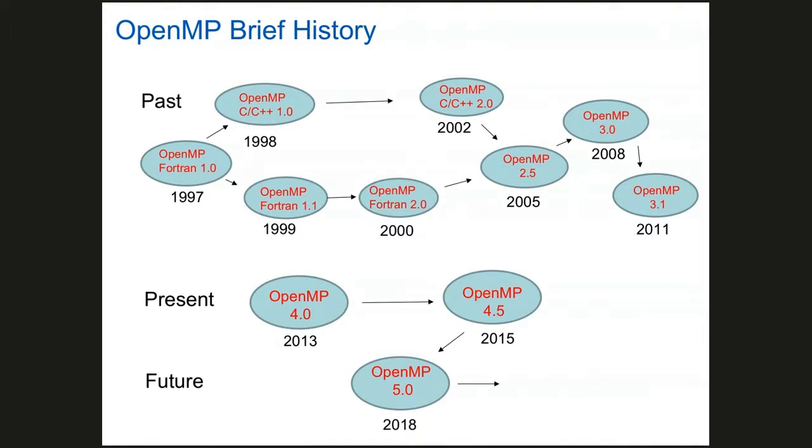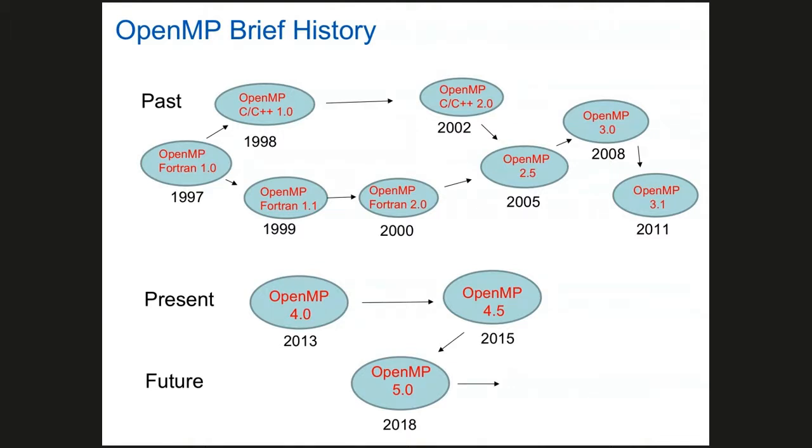Certainly, only parallelizing loops was recognized as a limitation, and then various task parallel extensions were added to the implementations. So the concept of tasks and the task constructor were proposed in version 3, and they were largely improved in the later versions 4 and 4.5.